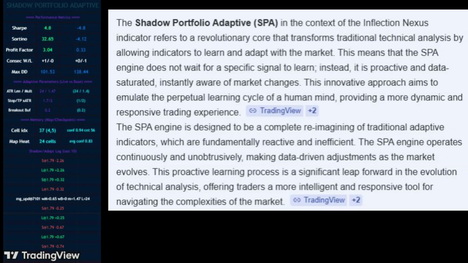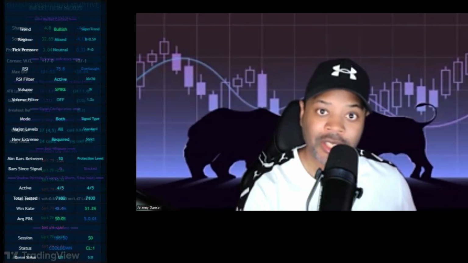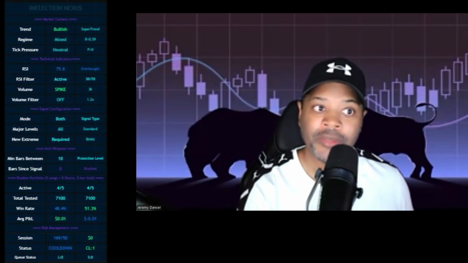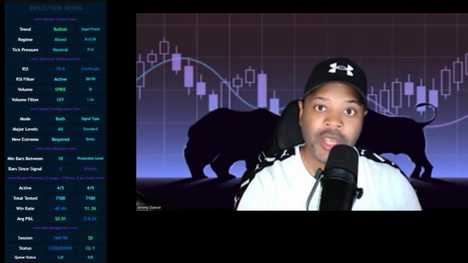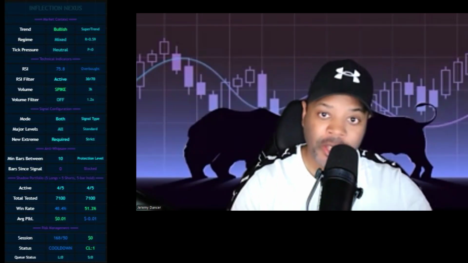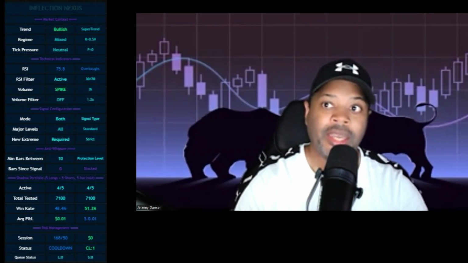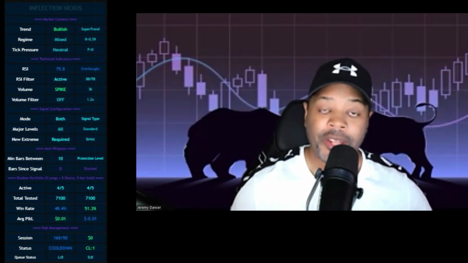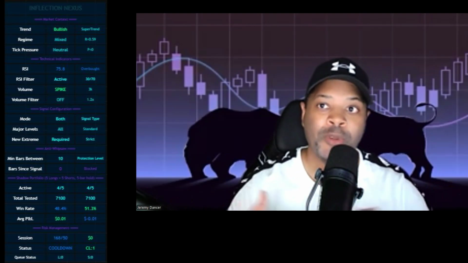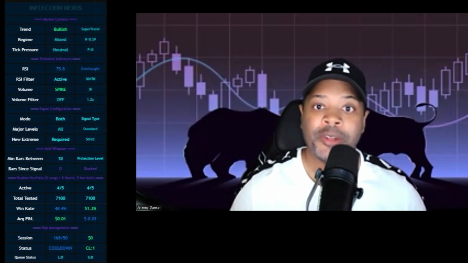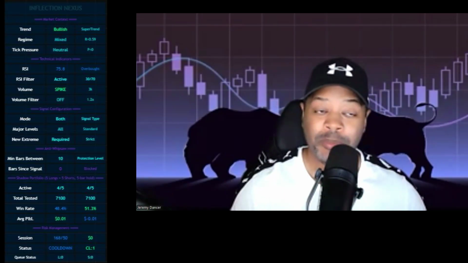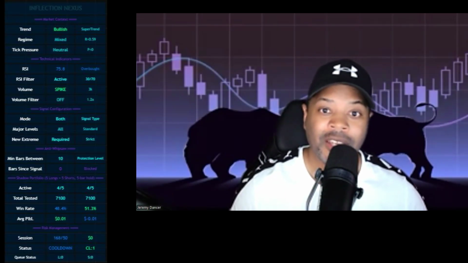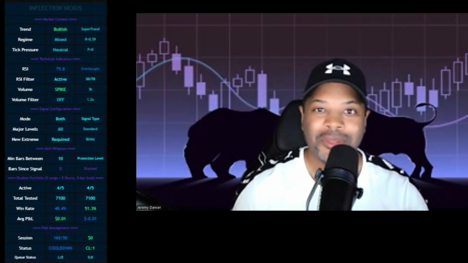And this right here is the Inflection Nexus part of it, which shows you the market condition, the trend, and just so much valuable information. It is by far the most powerful setup that I have ever seen on TradingView, especially for free. All right, let's get into it.